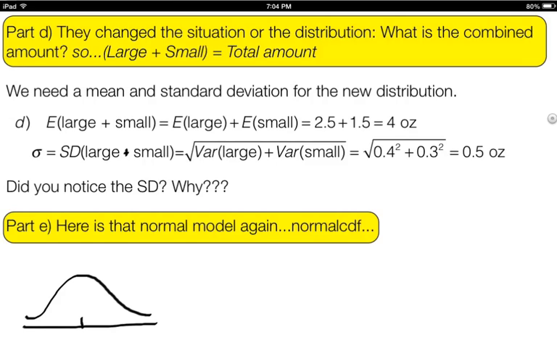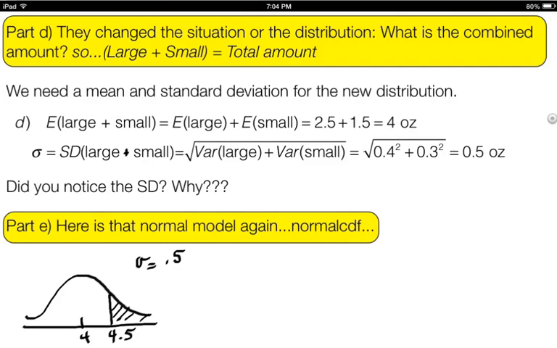Our mean this time is 4 ounces. My standard deviation stays as 0.5, and up here we have 4.5. Now this should ring a bell, because we've simply gone up 1 standard deviation.